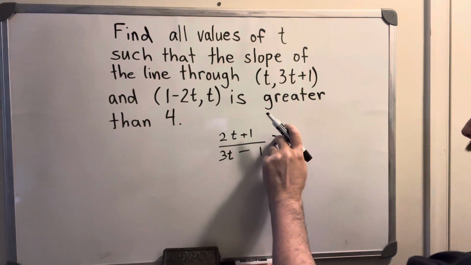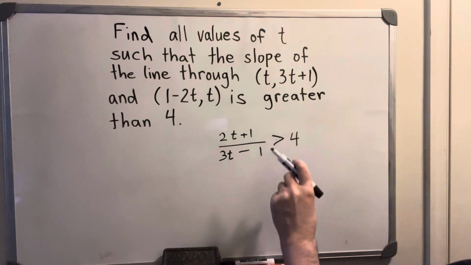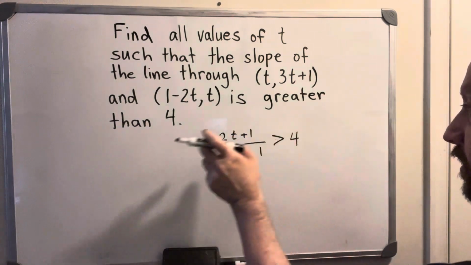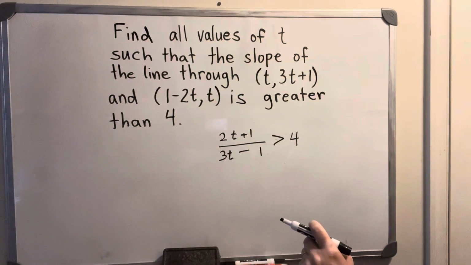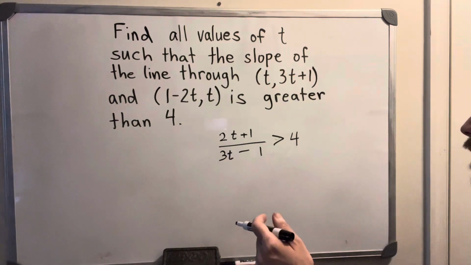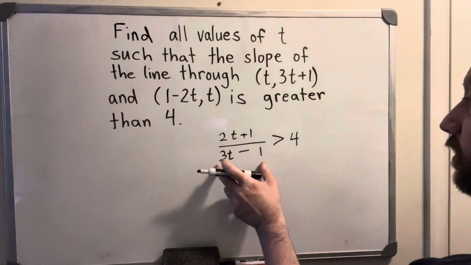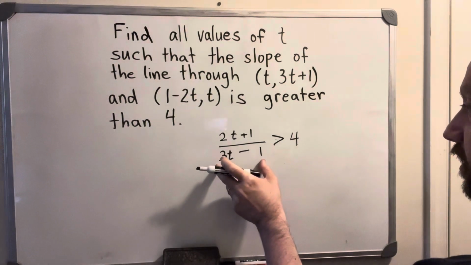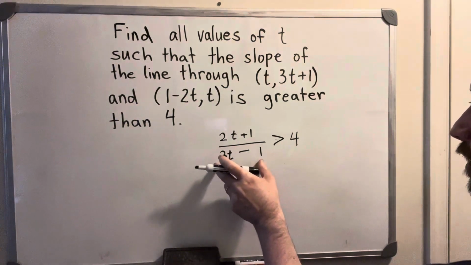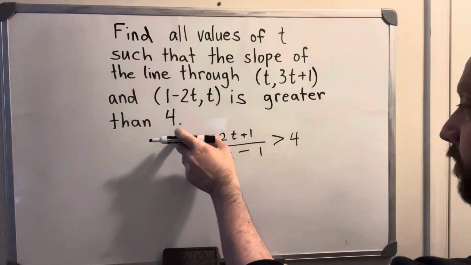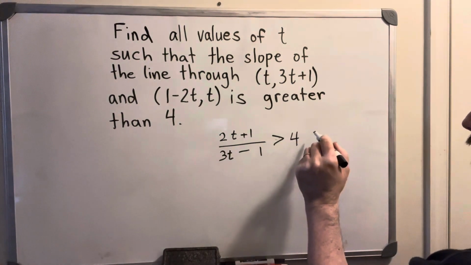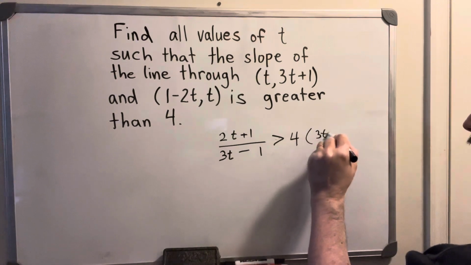So if you've seen these types of inequality problems before, if you've watched my video or another one, what do you have to be careful with when multiplying both sides of an inequality? Think about that. What if 3t minus 1 is a positive value, given the t in question? We multiply this side by 3t minus 1, we cancel out, and we have 4 times 3t minus 1.